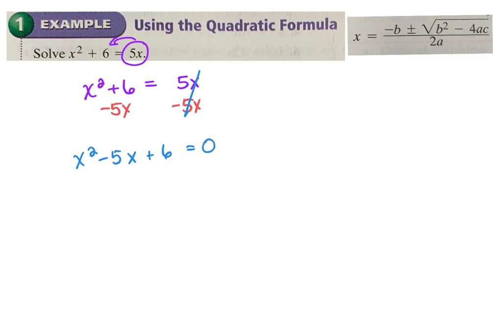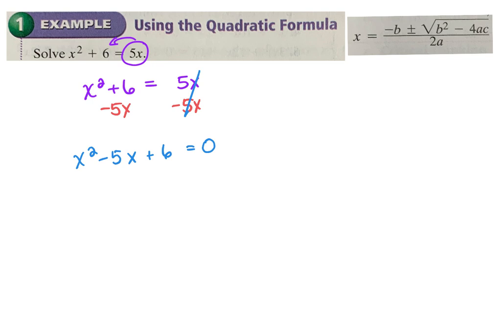Now, I want to point out that they have given us one that you could potentially factor. Hopefully, right? So we have factors of 6 that add up to give us 5. This is one that's easily factorable. So if I just gave you this and said solve, and I didn't tell you what method to use, you may say, oh, well, factoring is easy.